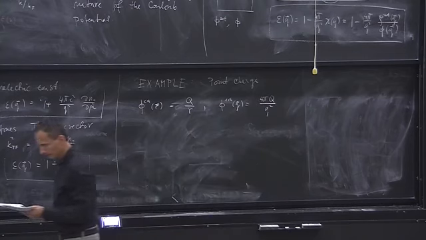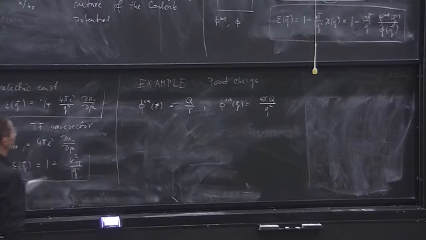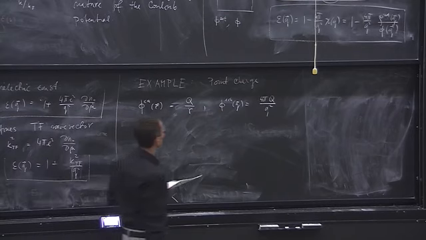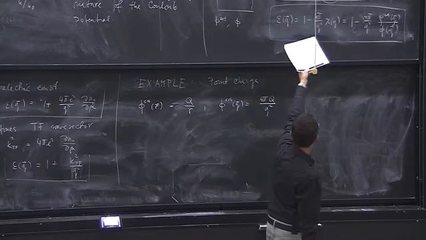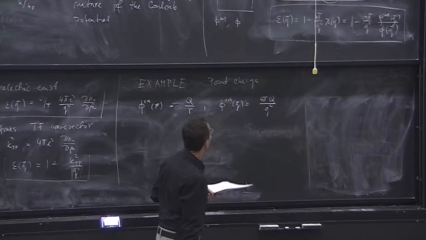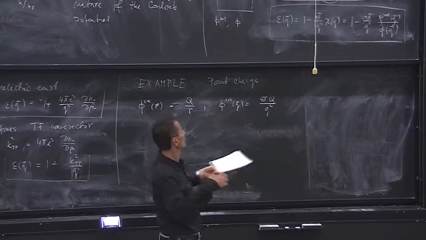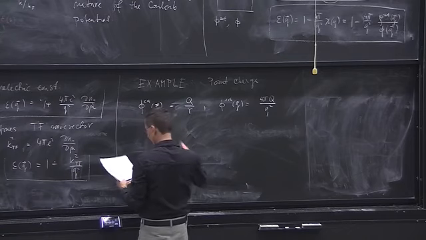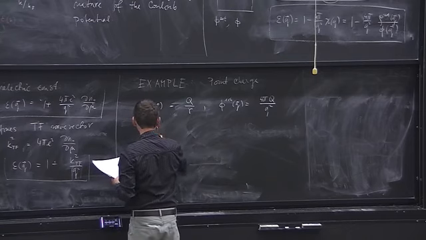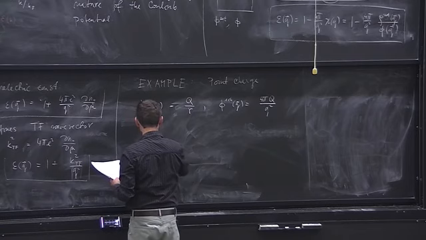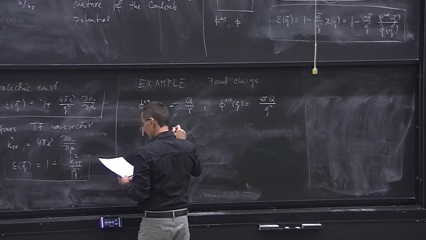And once I have this, I can use the general relation written up there, the first line under the word screening, between the total potential and the external potential to calculate what the total potential will be. And I need to do that in momentum space.